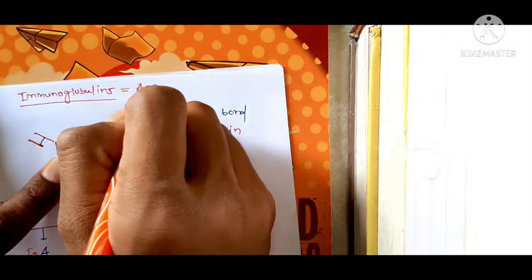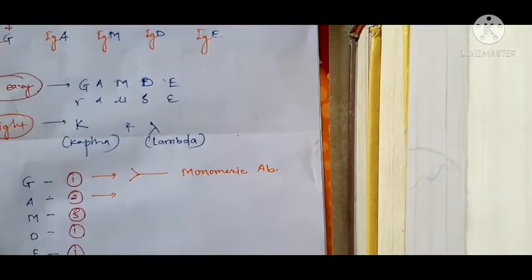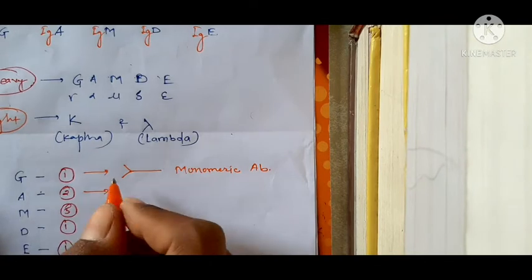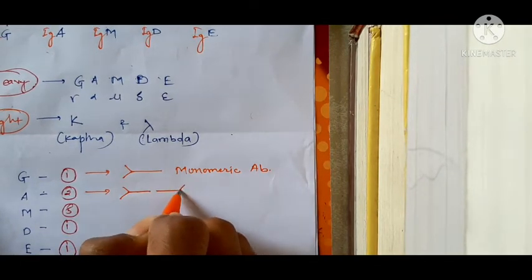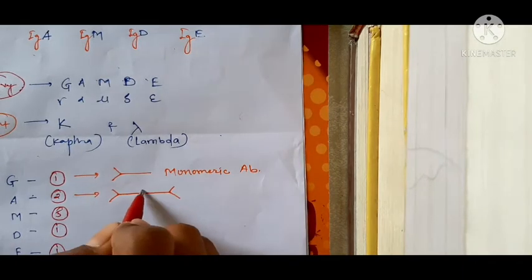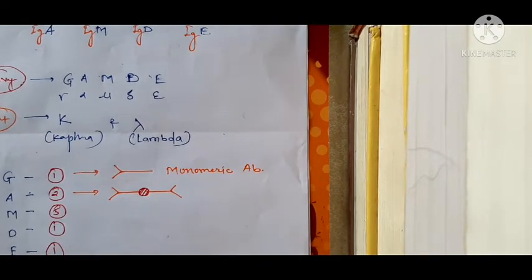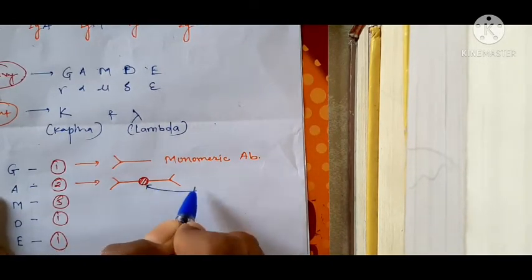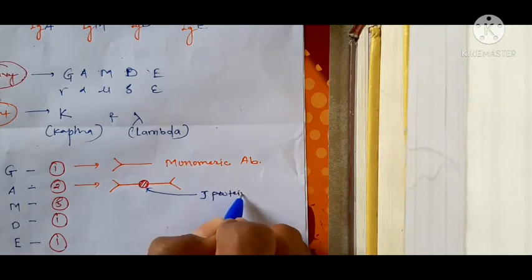Antibody means immunoglobulin, it's the same thing. And then immunoglobulin A is arranged in a structure of 2 antibodies. In between them is one protein, a chain, which you may call the J chain or J protein.